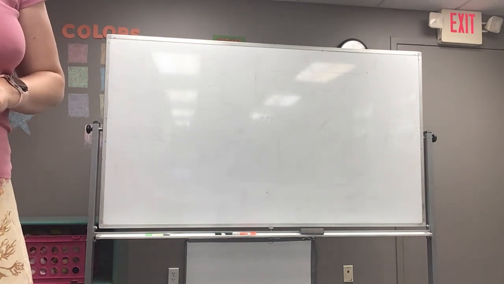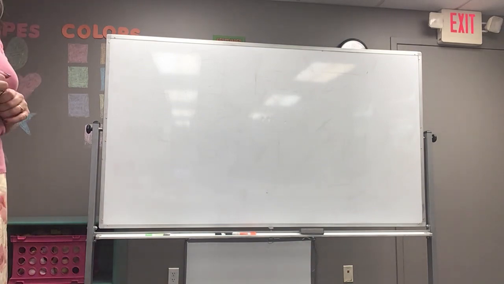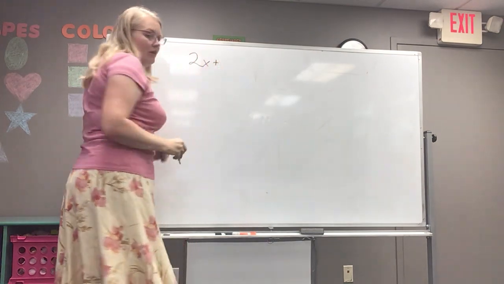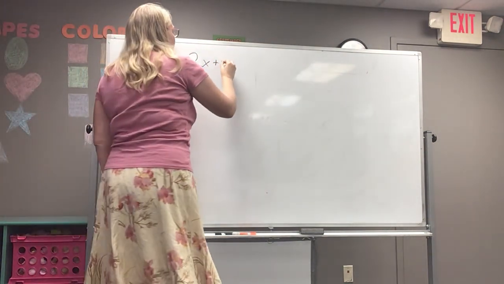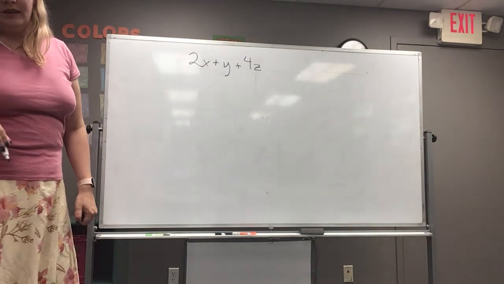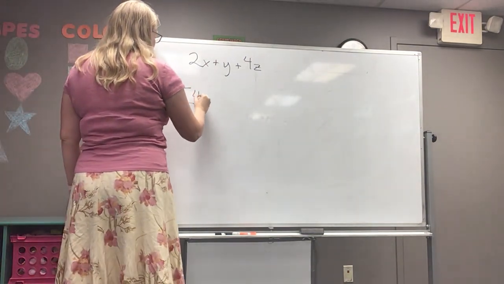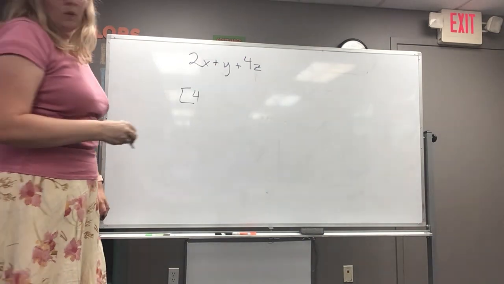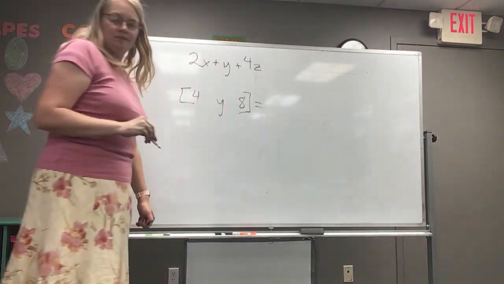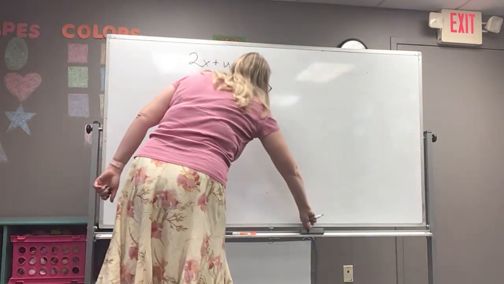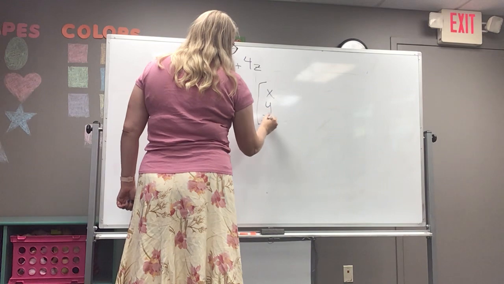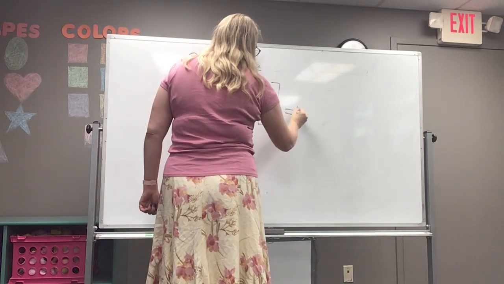So, if we look at number 4, this asks us to evaluate 2x plus y plus 4z, and we are given 4, y, and 8, multiplied by matrix x, y, and z, is equal to 10.